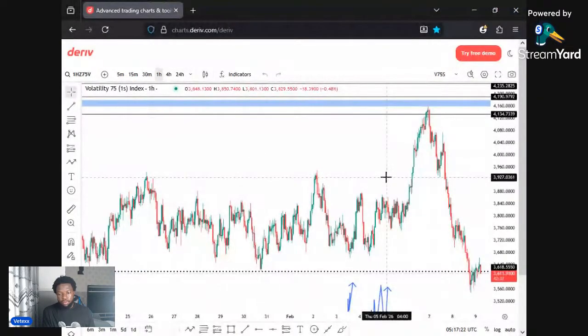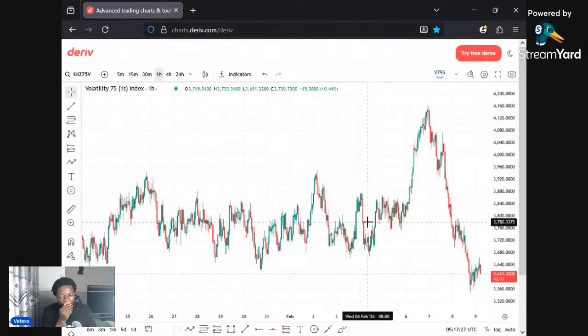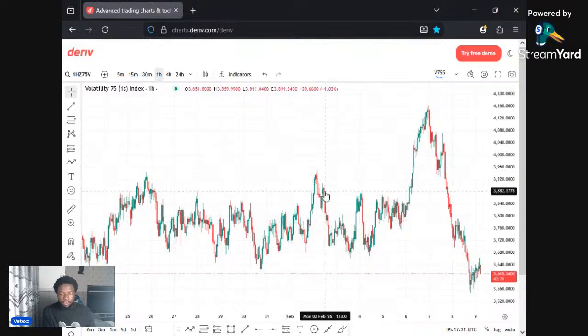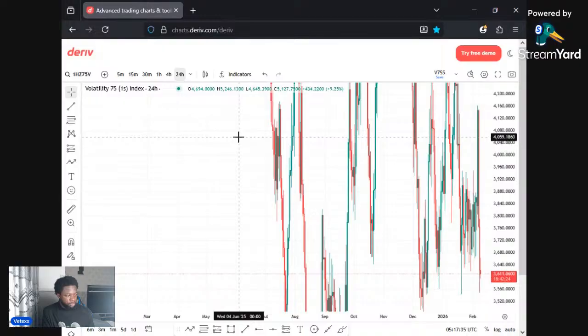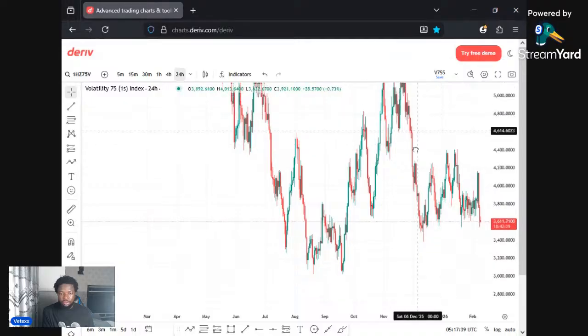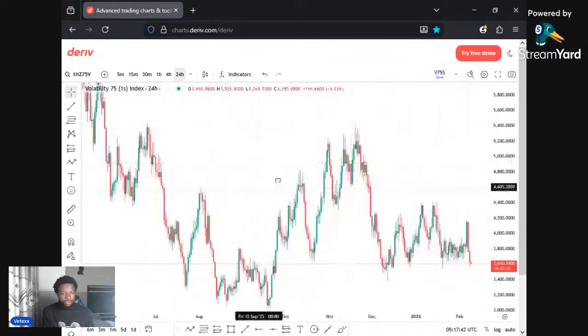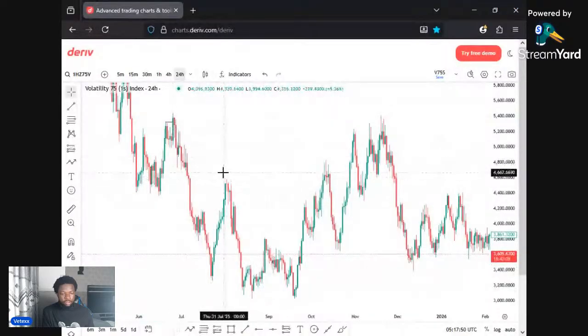So the next we have V75 1S. So I'll be checking from the 24-hour time frame. On the 24-hour time frame, we have what? We have a sweep of liquidity on V75 1S. We have what? Protected high. These are protected high.